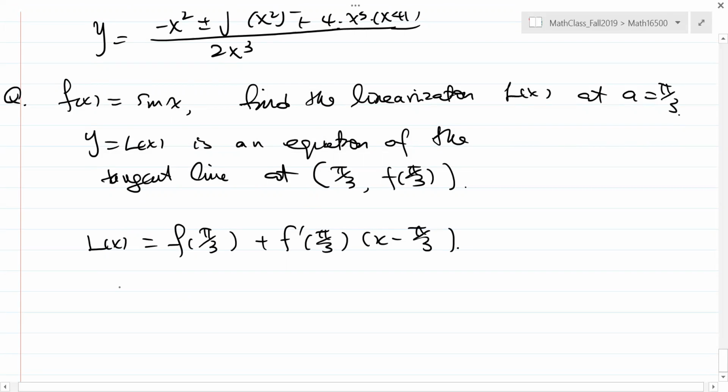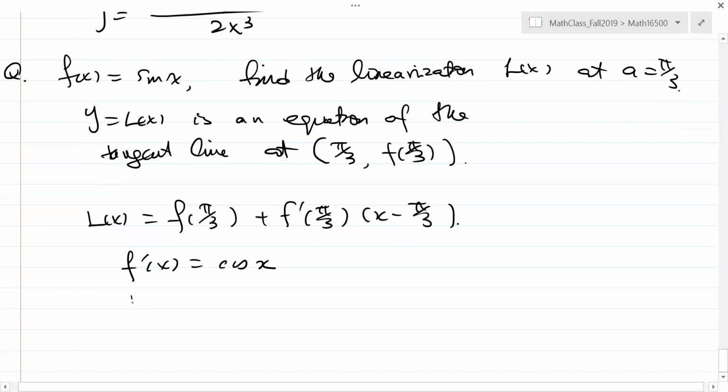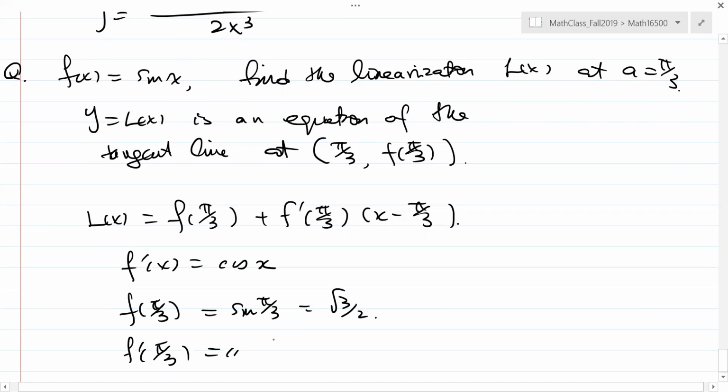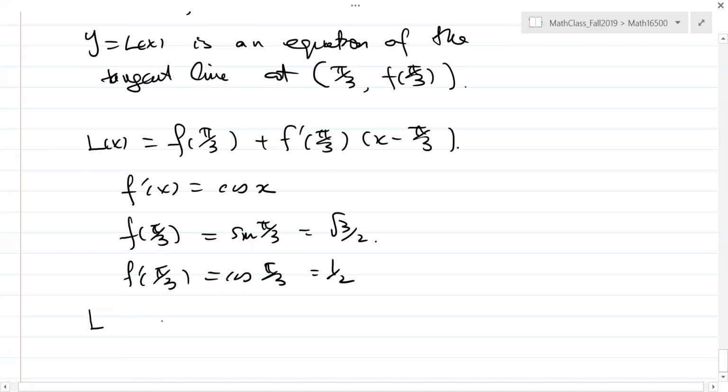The derivative is going to be cosine x. Then you evaluate the function at pi over 3. Sine pi over 3, sine 60 degrees, is square root of 3 over 2. Cosine pi over 3 is 1/2. Then you plug them into the formula, and you get a linear function. That's it. You don't need to modify or simplify.